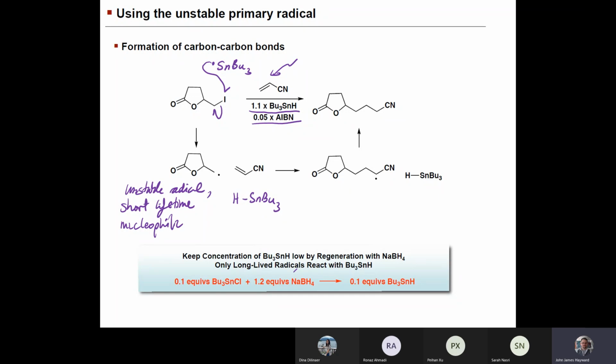Well, tin is a metal, and so the tin hydride bond is relatively polarized towards the hydrogen. It itself is somewhat nucleophilic. So if you have a slightly nucleophilic radical and a nucleophilic substrate, those are not going to be as good a match as a radical acceptor that is electrophilic. So instead of attacking the tin, it attacks the acrylate to generate a new electrophilic radical.